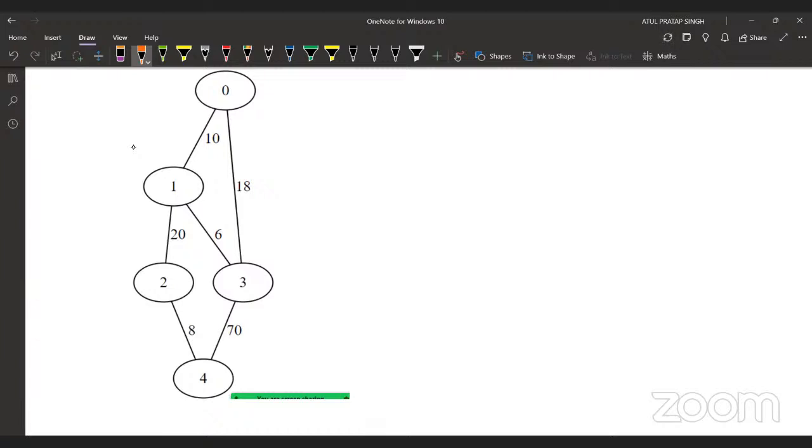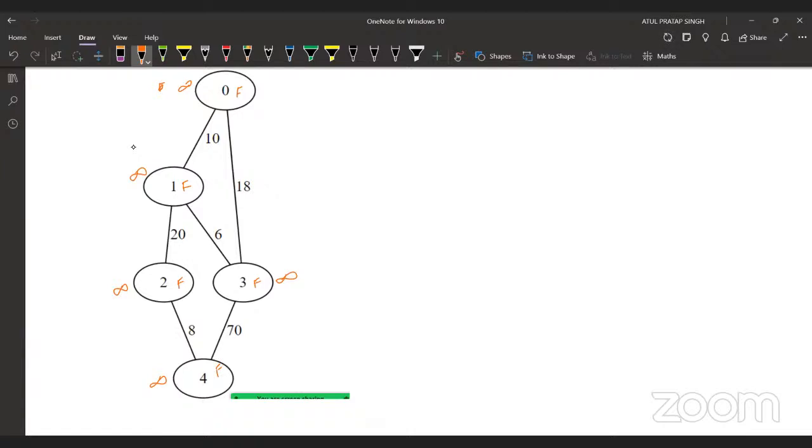We can start from any vertex in Prim's algorithm, there is no condition to start from a particular vertex. Initially we assign all distances as infinity, and we also mark which vertex is visited or not. Initially all are false: false, false, false, false, and false.